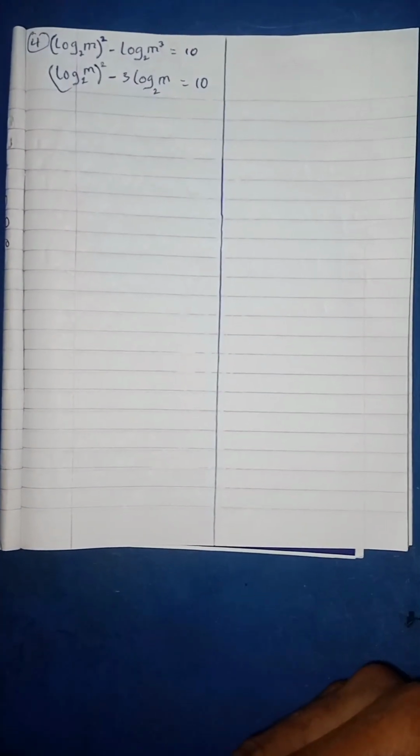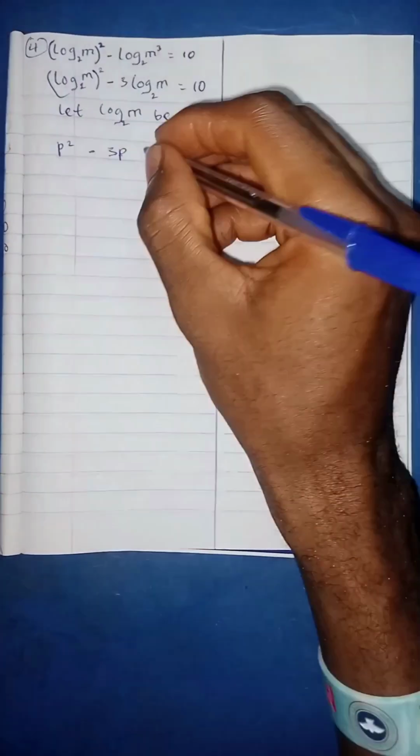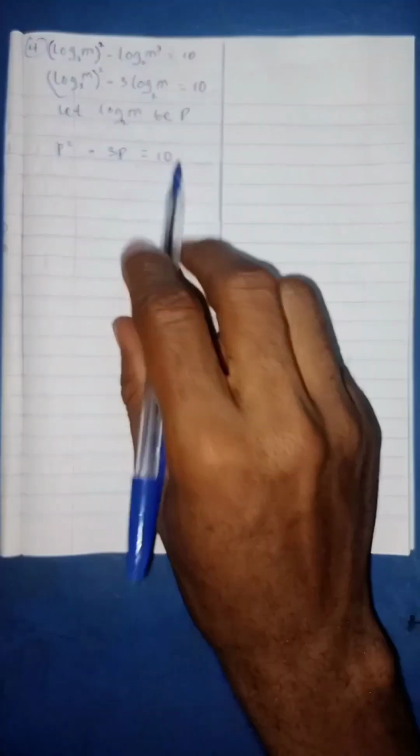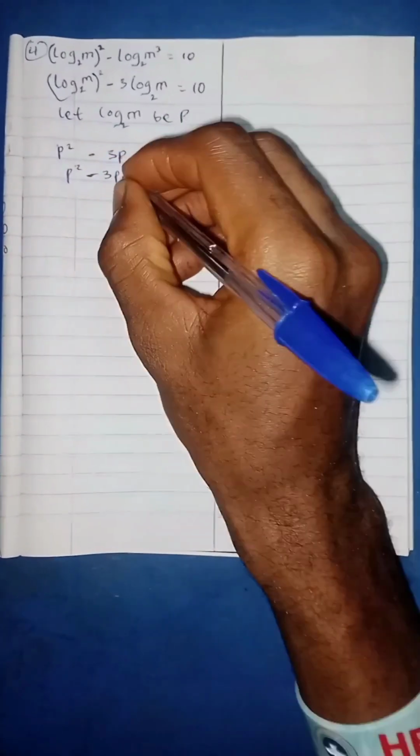Okay, so in this case now, what we have to do here is that we have to let log m to the base 2 be p, right? So if that's p now, we'll be having p squared minus 3p is equals to 10. So this 10 will go to the other side, I'll be having p squared minus 3p minus 10 is equals to 0.